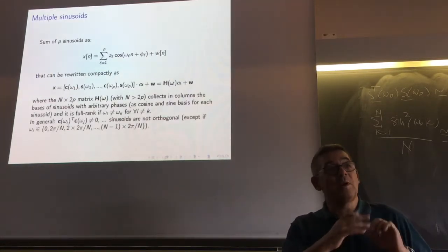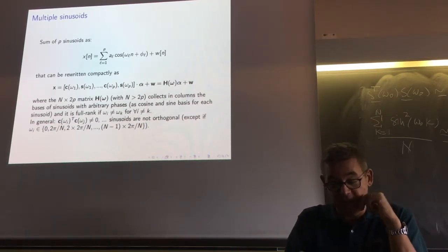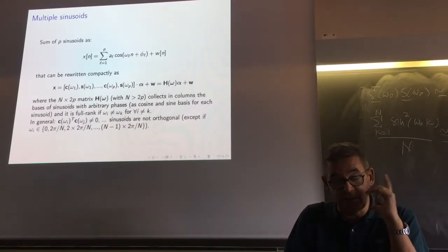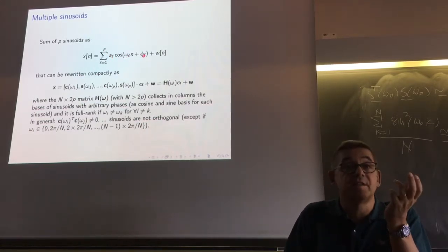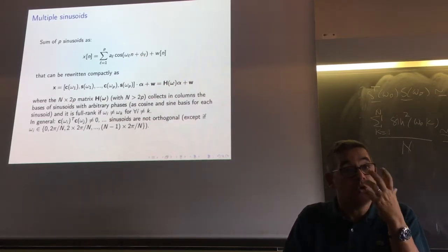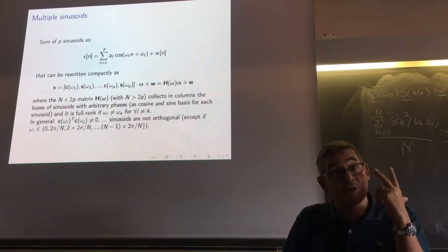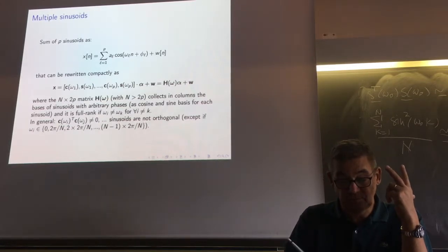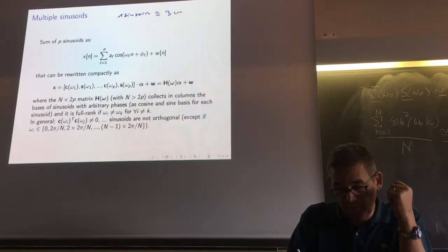Now, if I have more than one sinusoid, suppose you have P sinusoids, like here. P sinusoids means I have P amplitudes, P frequencies, P phases, okay? So my total number of unknowns is 3P, because every sinusoid has 3 unknowns. One sinusoid, 3 unknowns.